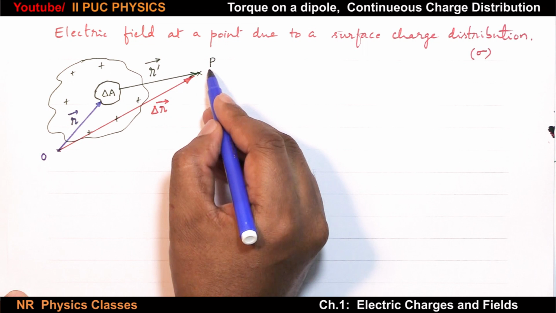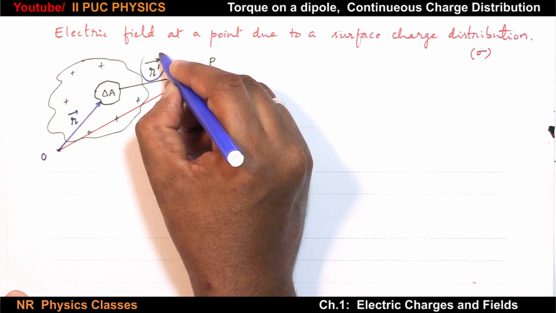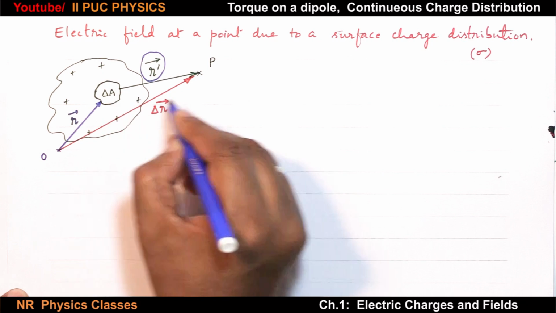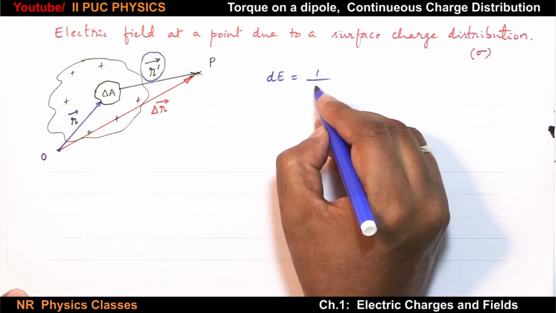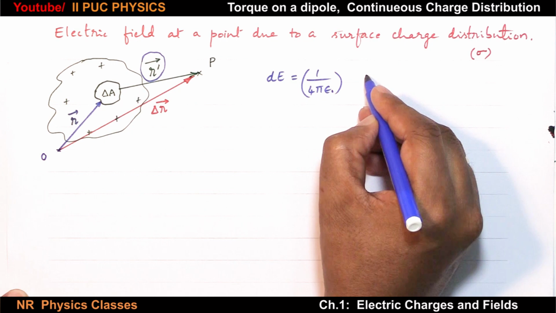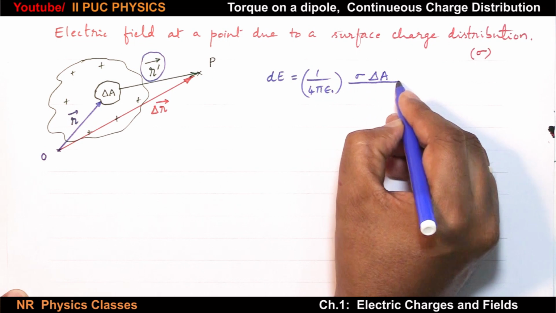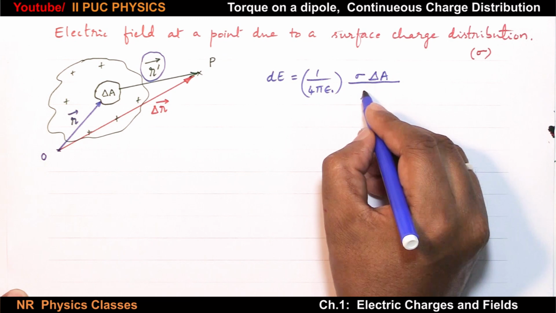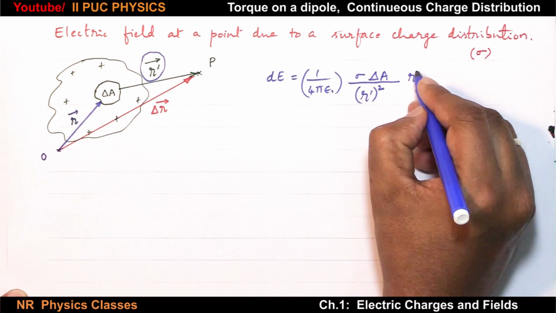R dash is the position vector of P from delta A. What matters is this distance. So just like the previous case, the electric field at P due to the small region is dE equal to 1 by 4 pi epsilon naught into the total charge. Charge is sigma into delta A, which gives the charge in this region, divided by R dash square into R dash cap.